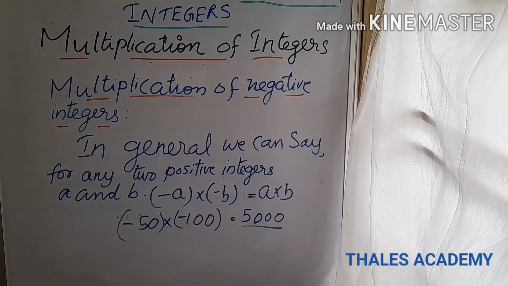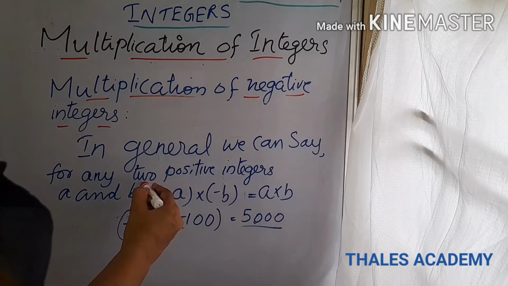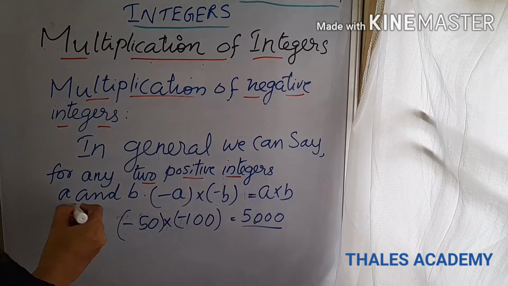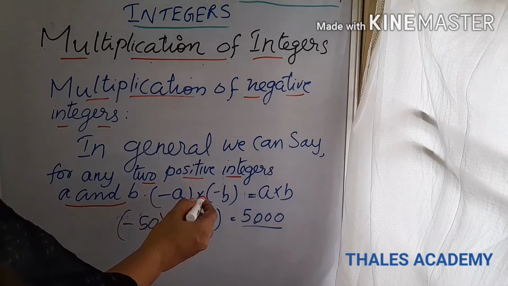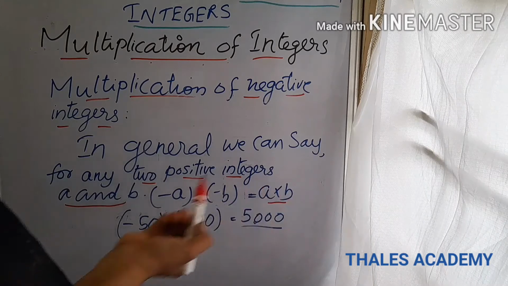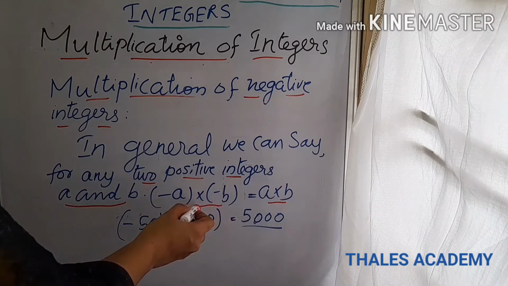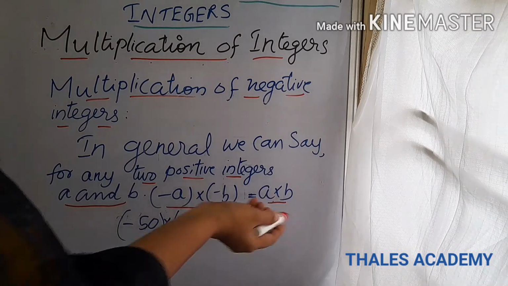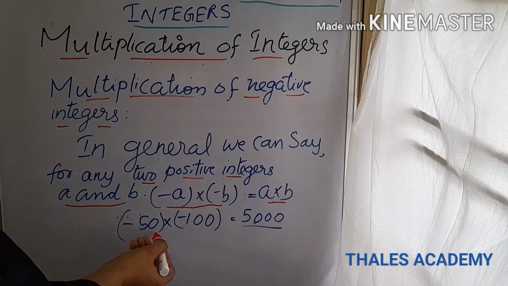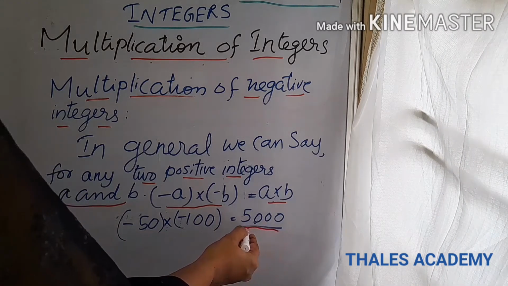That is, in general, for any two positive integers a and b, minus of a into minus of b equals a into b. That is, we multiply them as whole numbers and put a positive sign to the product. That is minus 50 into minus 100 equals 5000.